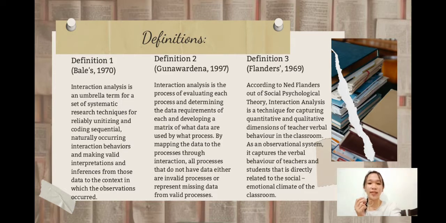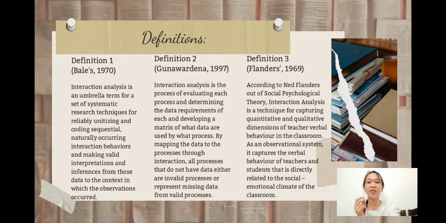Next definition is according to Gunawardena, 1997. Interaction analysis is the process of evaluating each process and determining the data requirements of each and developing a matrix of what data are used by what process. By mapping the data to the processes through interaction, all processes that do not have data either are invalid processes or represent missing data from valid processes.